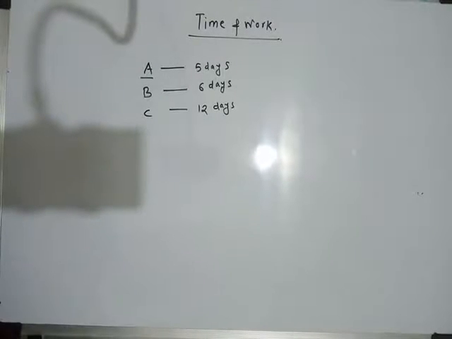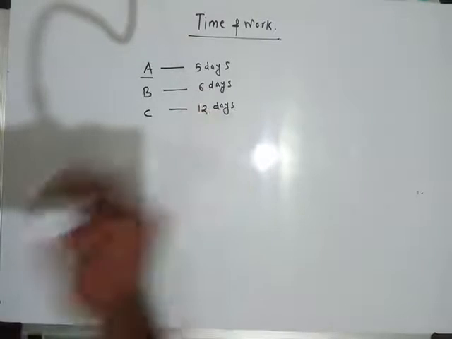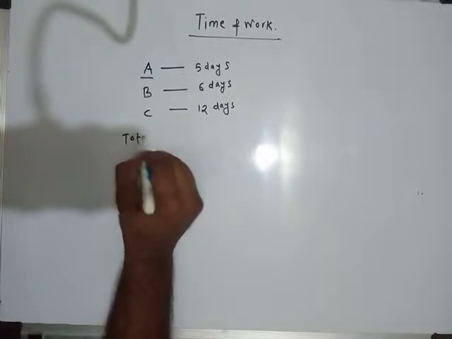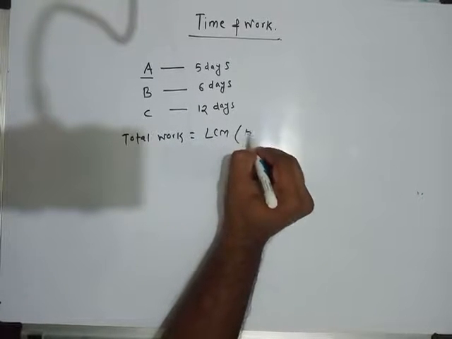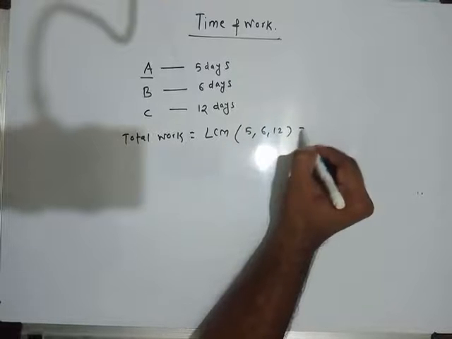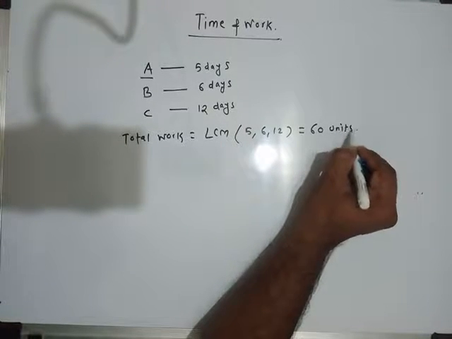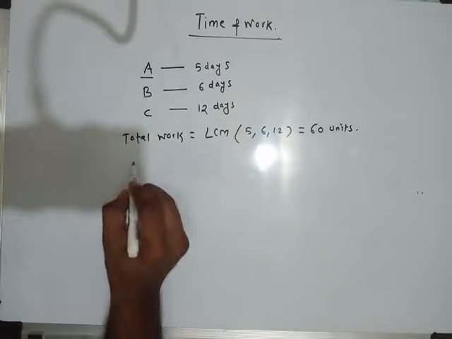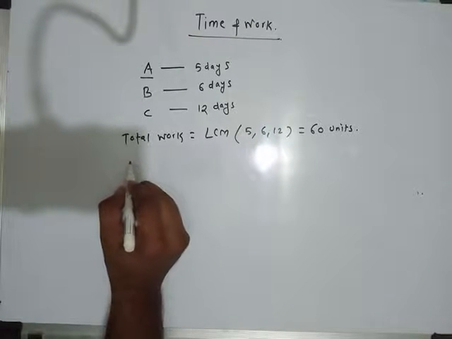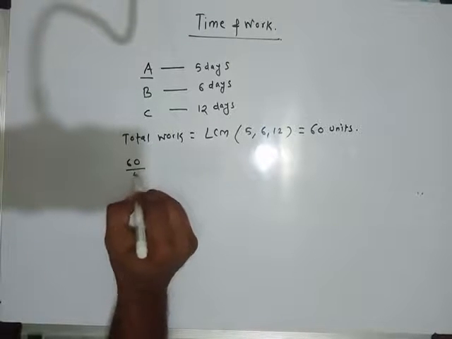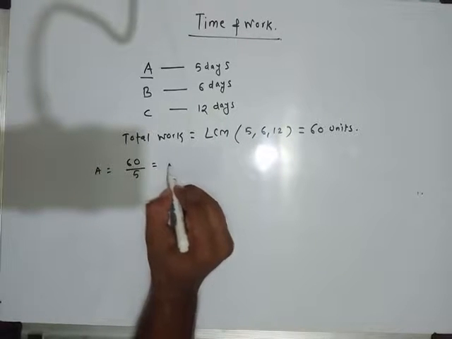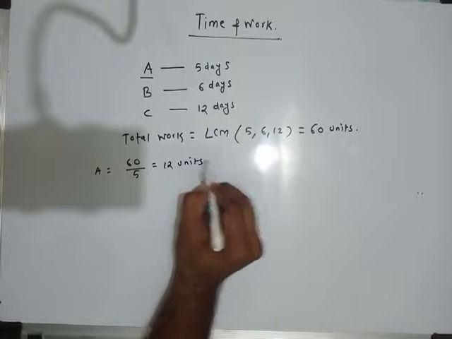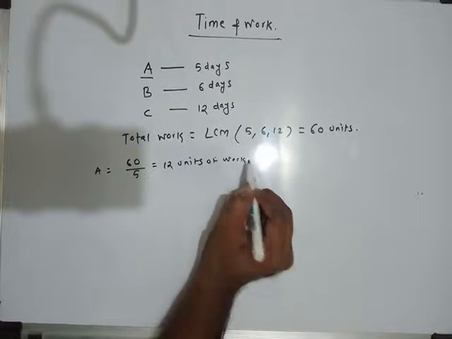Assume the total work to be done as the LCM of these three. So total work is equal to LCM of 5, 6, 12, which is equal to 60 units. Now if A alone works on the problem, A will do 60 by 5, which is equal to 12 units of work in one day.